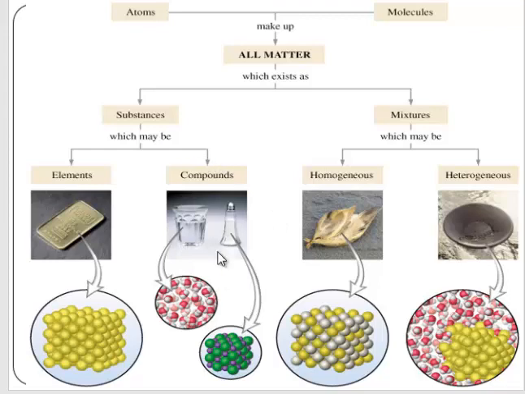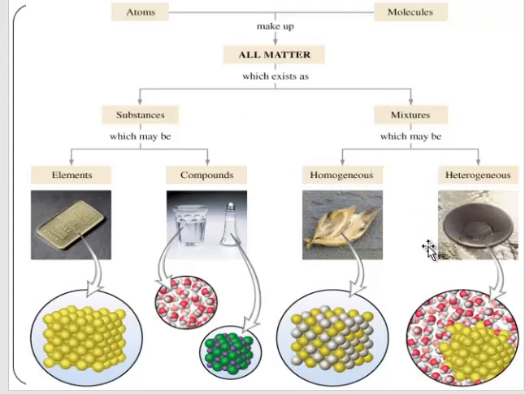Then we also have compounds such as water, which is made up of two different types of elements, hydrogen and oxygen, that are chemically bonded together and cannot be separated. Or another example is salt, where you have sodium and chloride chemically bonded together. So that type of matter is made up of two different types of elements that cannot be separated by physical means. Now contrast that with mixtures.